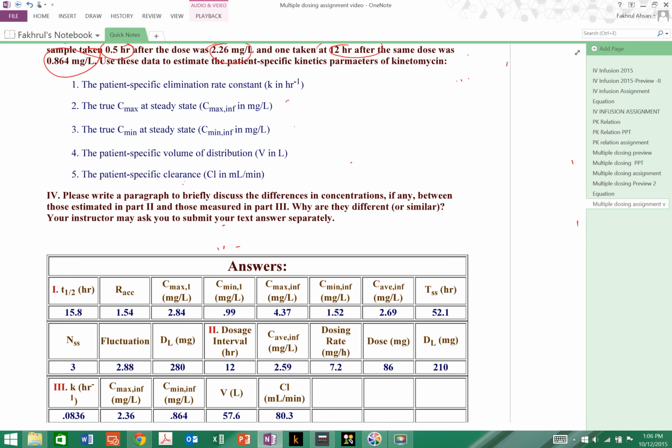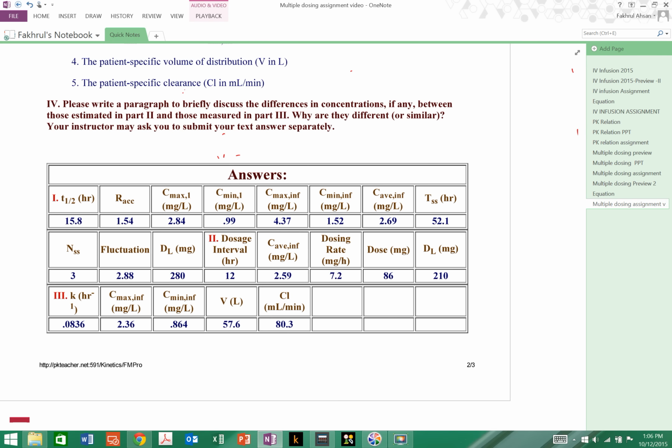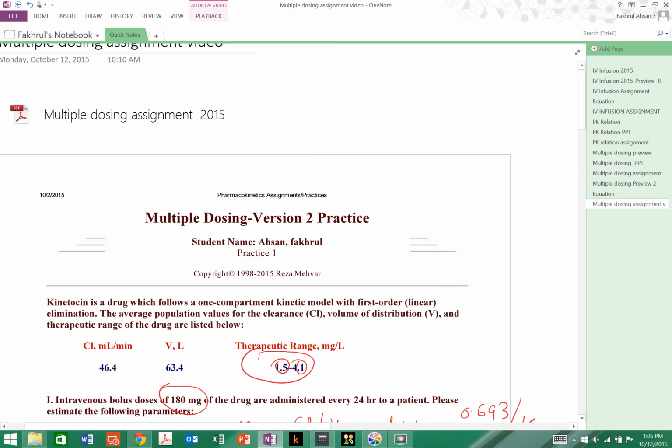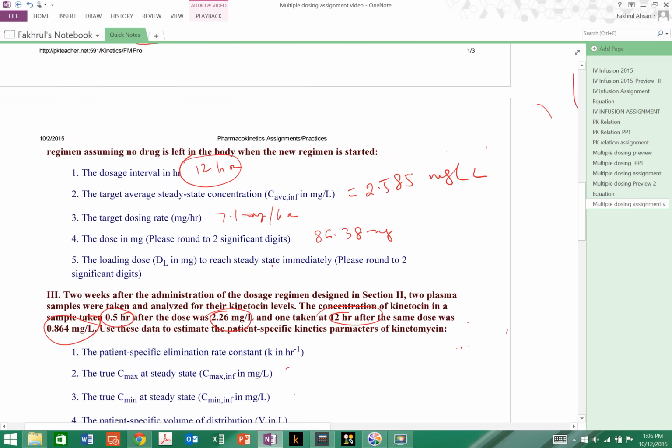Then you can discuss that the patient has a different volume of distribution. In this case, this VL is patient specific, and this patient has a volume of distribution which is smaller than the population.